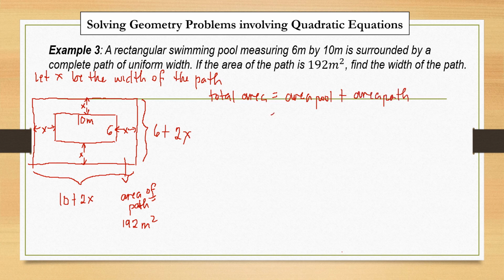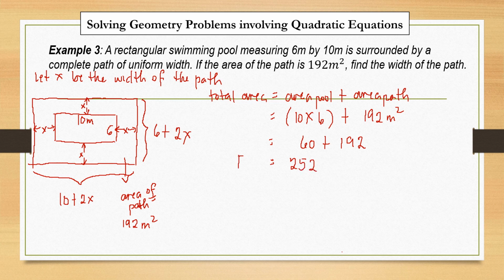To get the area of the pool, we multiply 10 meters by 6 meters, plus the area of the path, which is already given in the problem, 192 square meters. So we have 60 plus 192, and that is equal to 252.